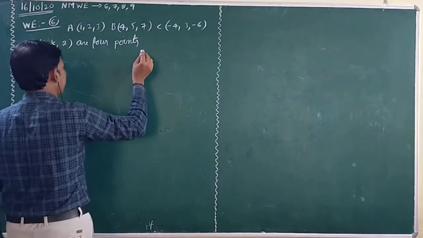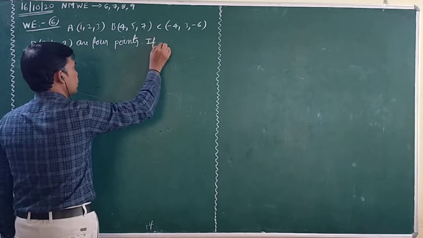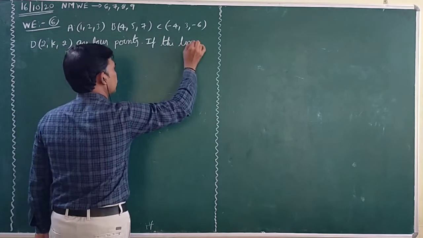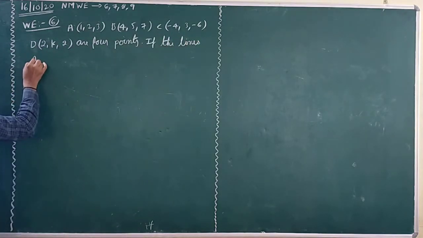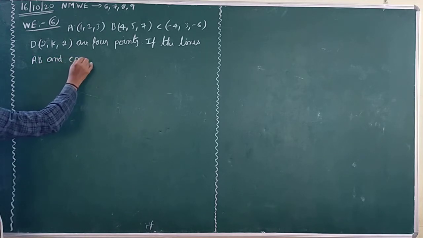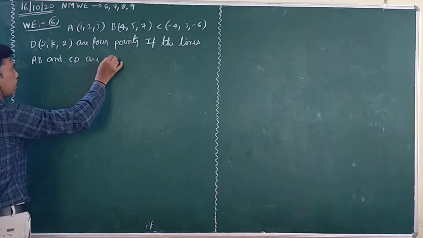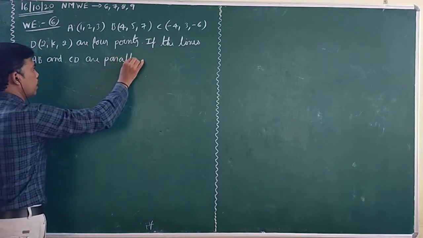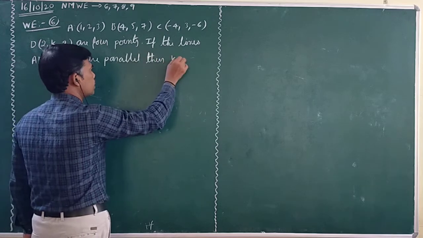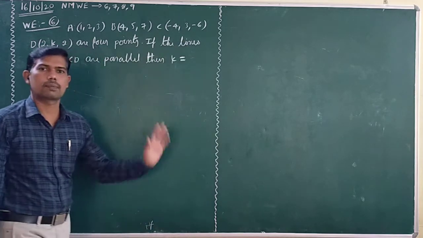If the lines AB and CD are parallel, then k is equal to, this is our problem.